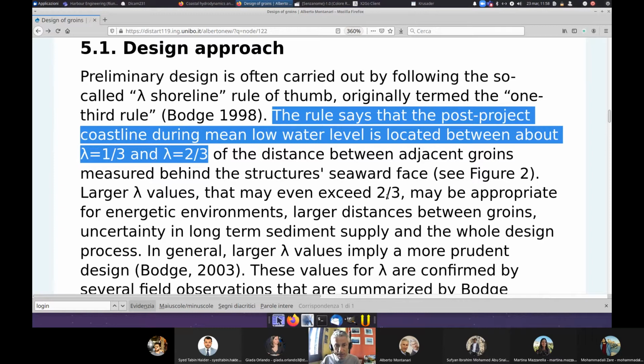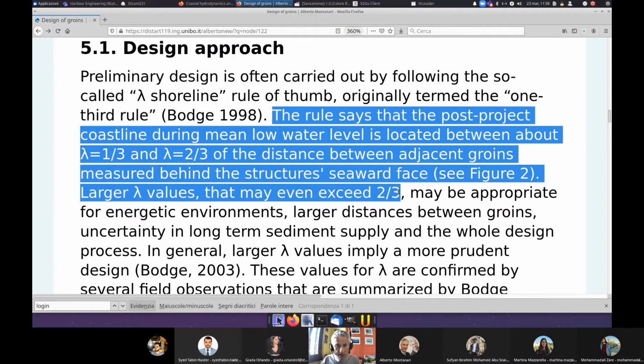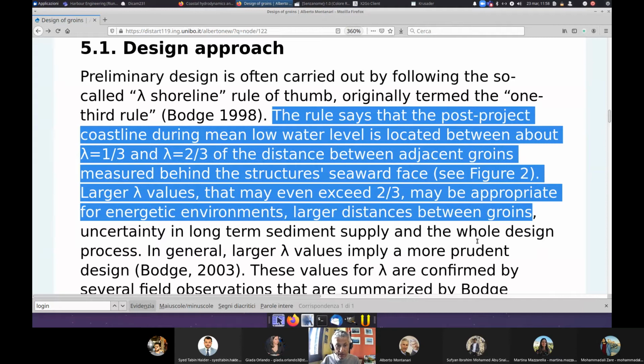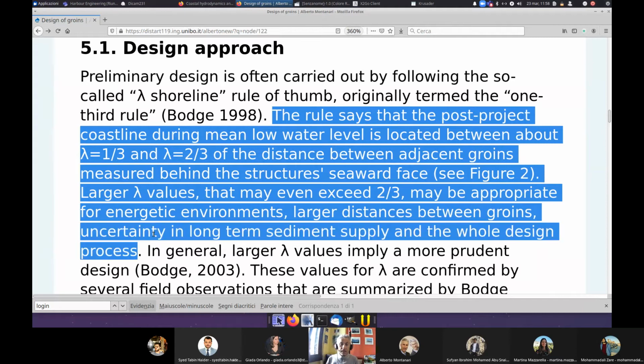Larger lambda values, which may even exceed 2/3, may be appropriate for energetic environments, larger distances between groins, uncertainty in the long-term sediment supply, and the whole design process.